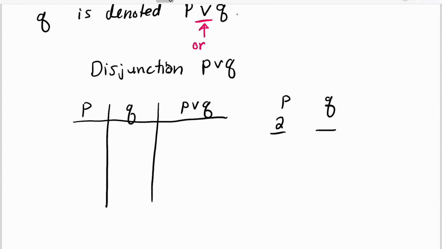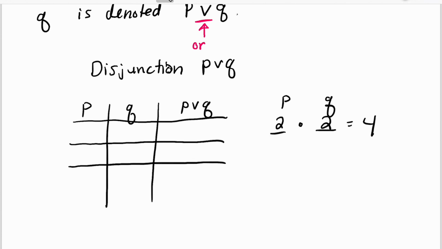So I have 2 possibilities for proposition P, and 2 possibilities for proposition Q, and when I multiply them together, I get 4 possible combinations. So I'm going to make sure that I have 4 rows.